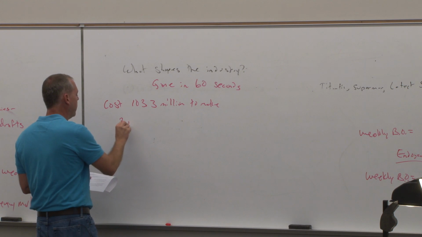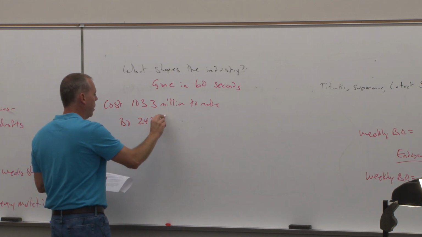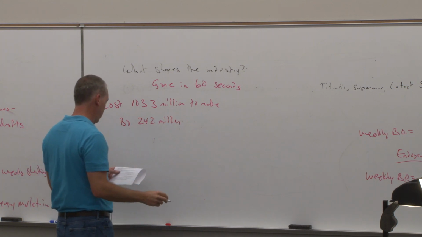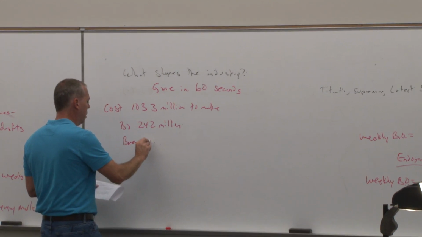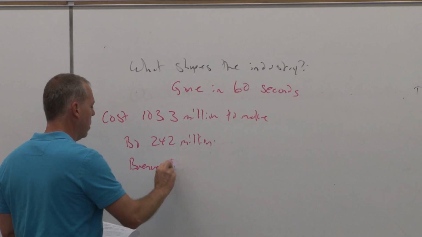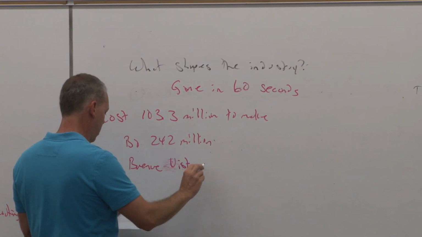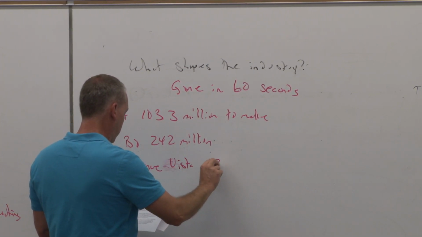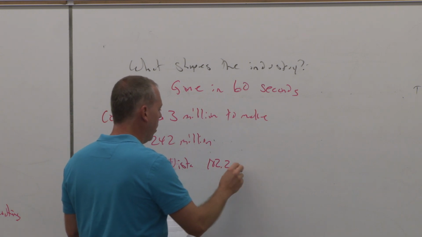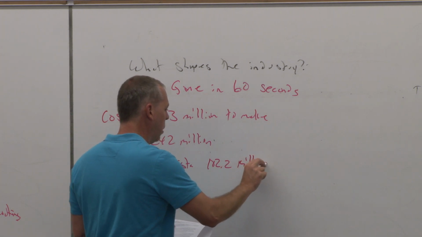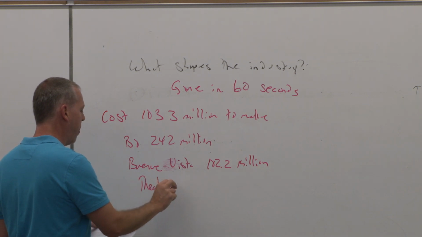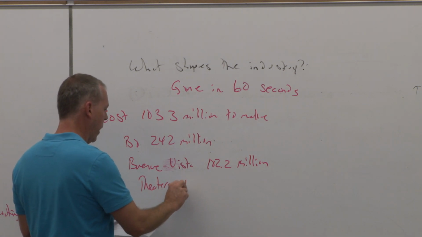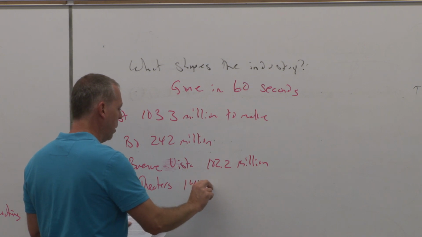It has box office of $242 million. Buena Vista, which is the distributor, or the studio, gets $102 million. The movie theaters themselves, the Carmike's and AMC and all that, get basically $140 million.